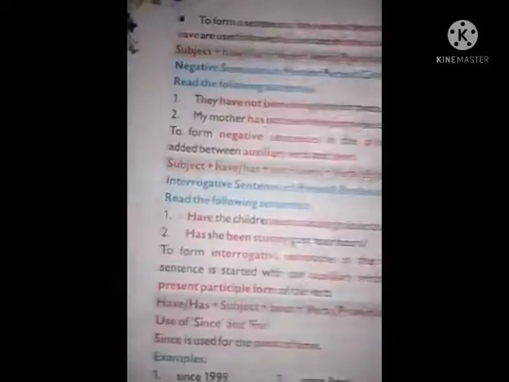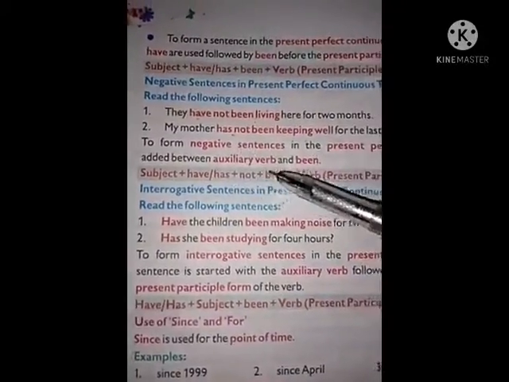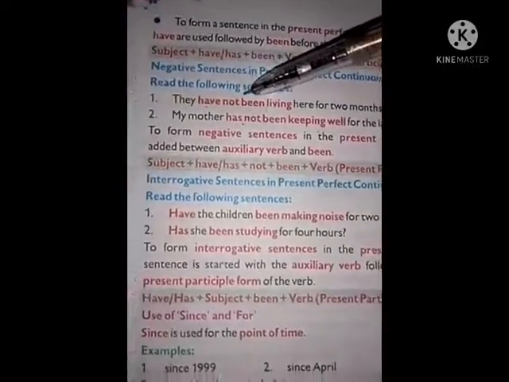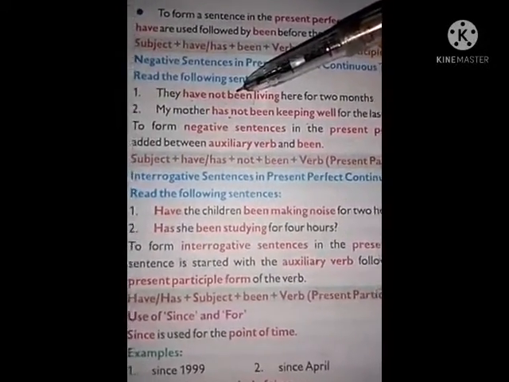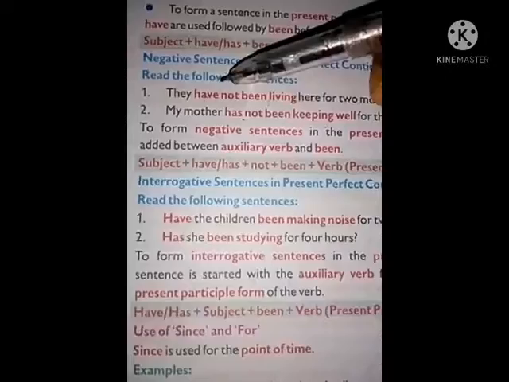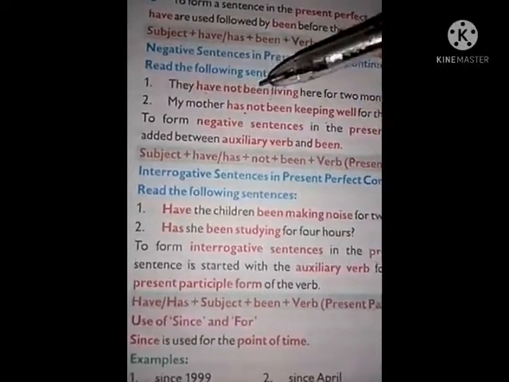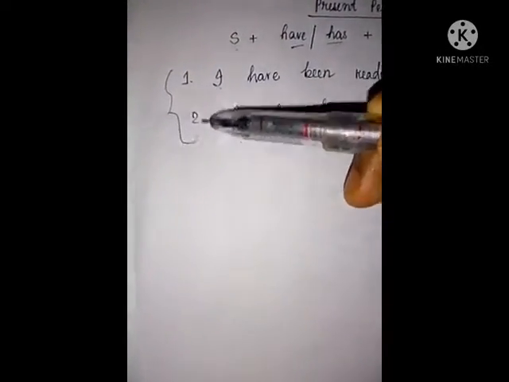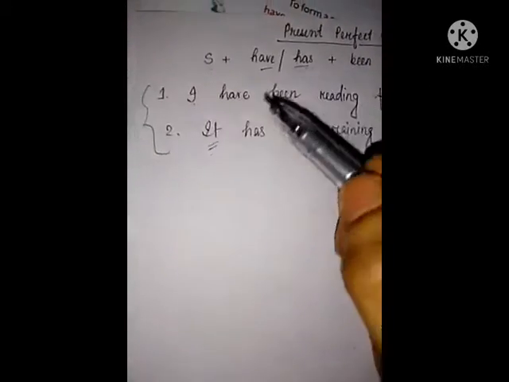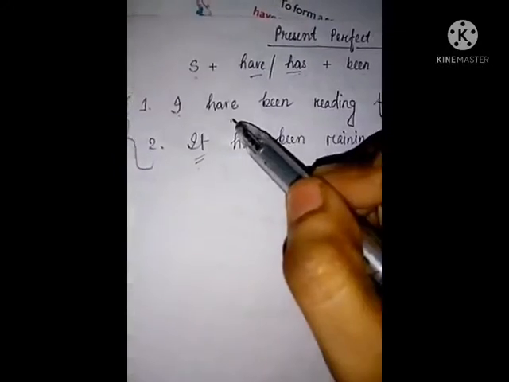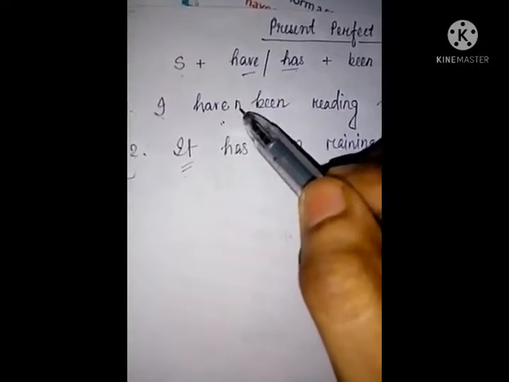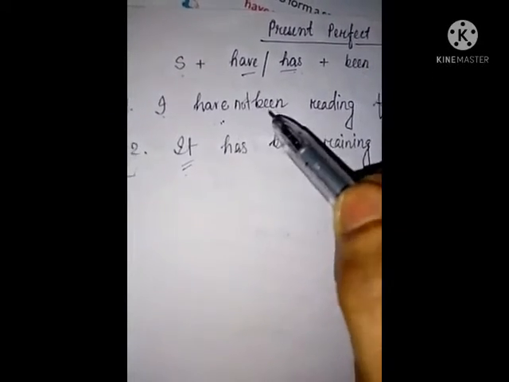To make negative sentences in present perfect continuous tense, not is added between the auxiliary verb and been. We have to use not between auxiliary verb and been. Okay, see in these sentences, now I am going to make these two sentences negative. I have to use not in between auxiliary verb and been.